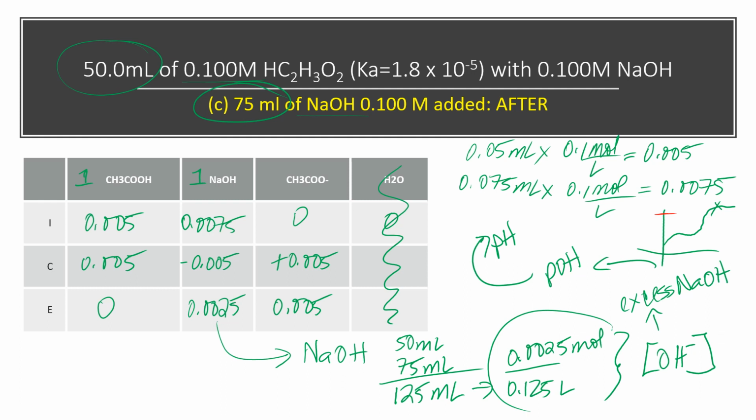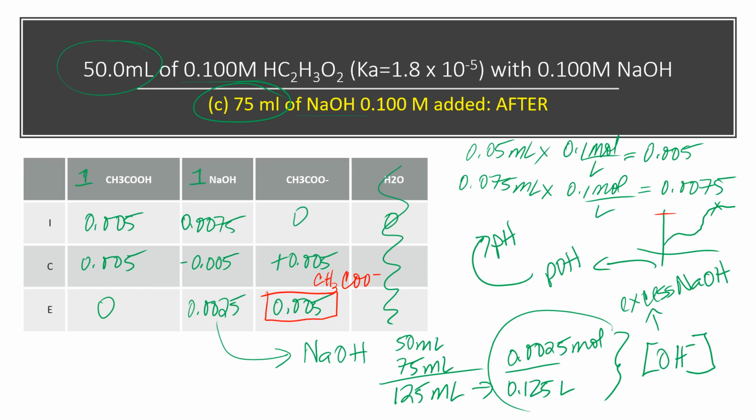We have neutralized all our acetic acid. We have excess hydroxide ion in solution. It must be basic. Just a quick note. You may be asking yourself, why did I ignore this CH3COO minus acetate ion? It is true it will hydrolyze water, as we have seen before.